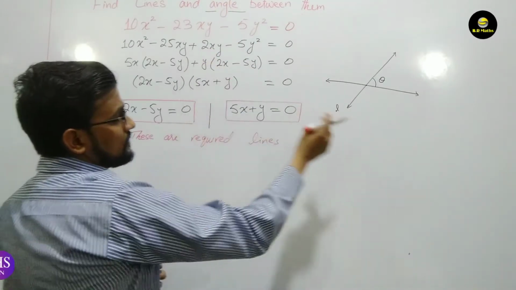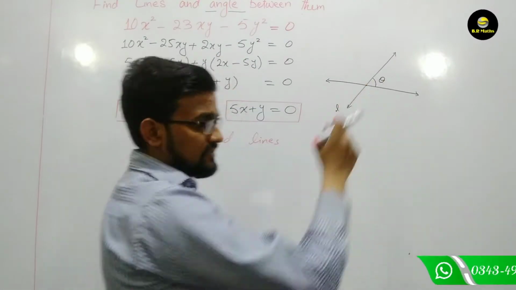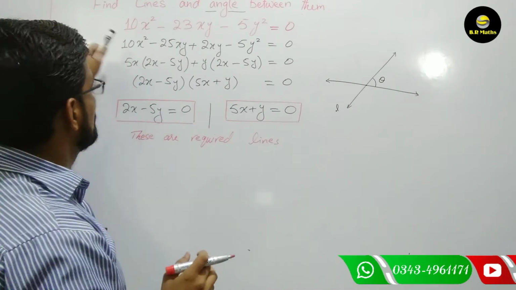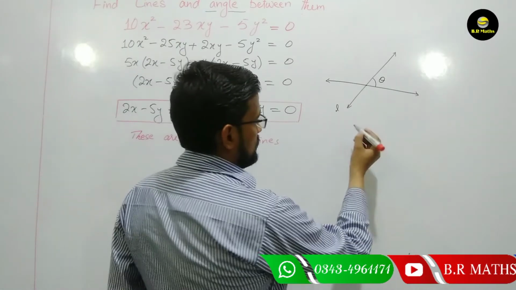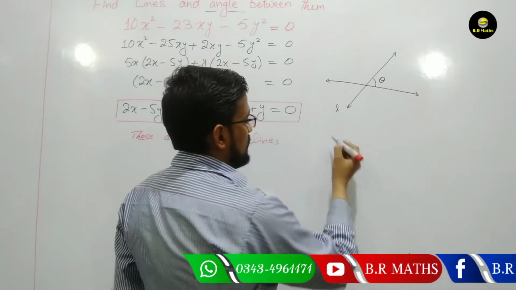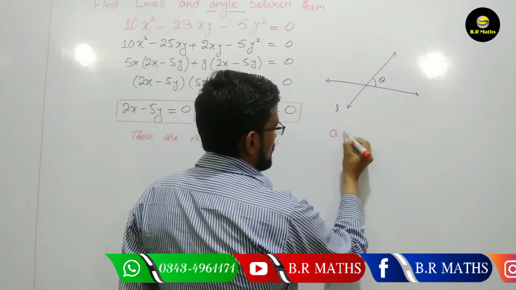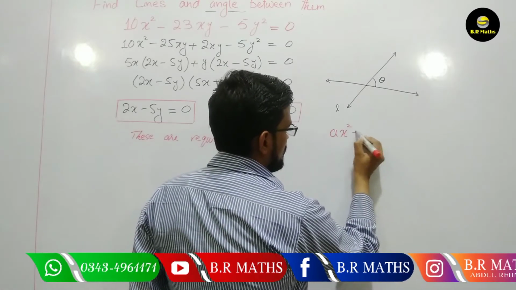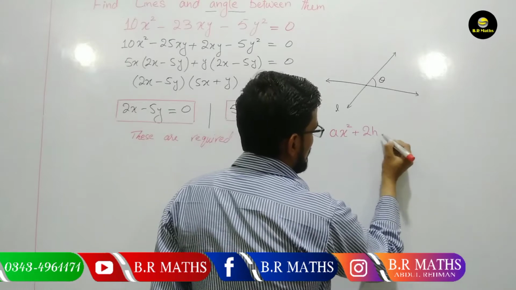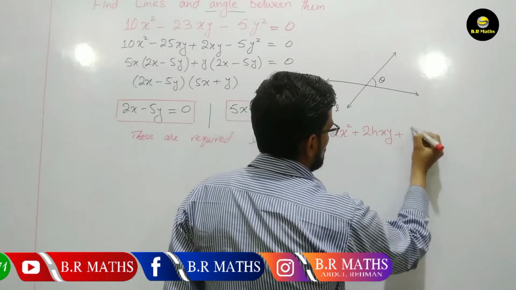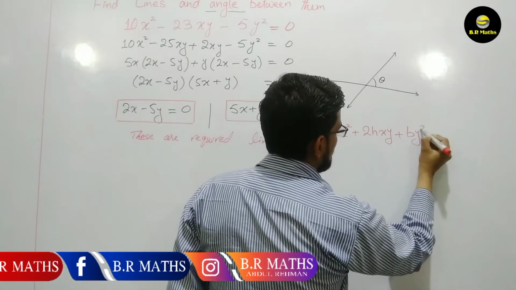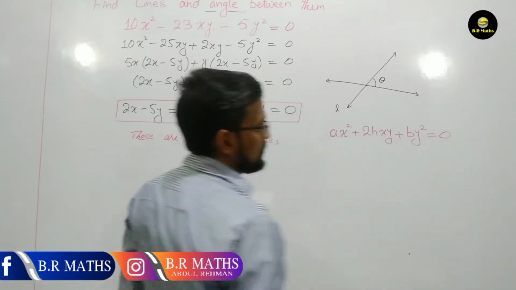So student, for finding this angle between two lines, we need the general standard form of an equation: ax squared plus 2hxy plus by squared equal to 0.